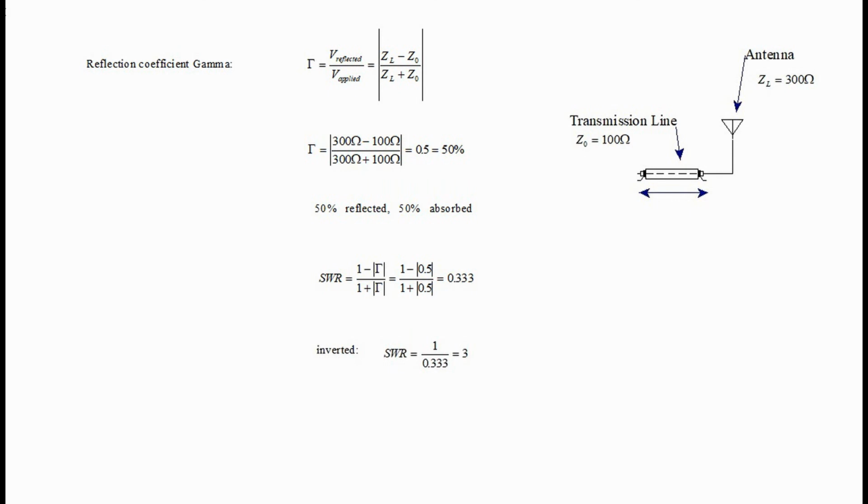That means that 50% of the energy has been reflected. Once we have calculated gamma, then we go back to standing wave reflected ratio and calculate that the ratio is 0.33. And once again, we invert it so that the standing wave reflected ratio is 3. And then keep in mind that ideally, SWR should be 1 for a good absorption.